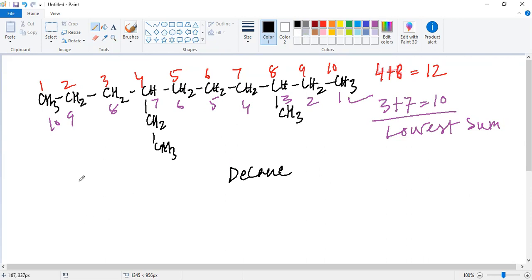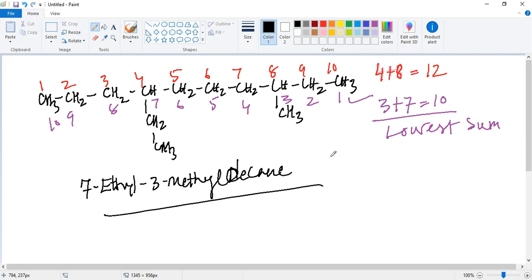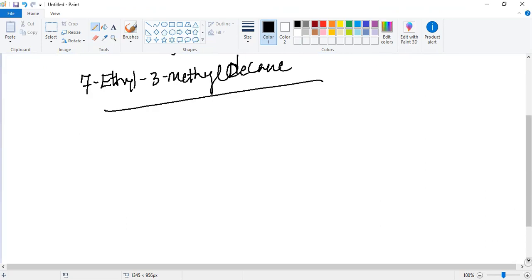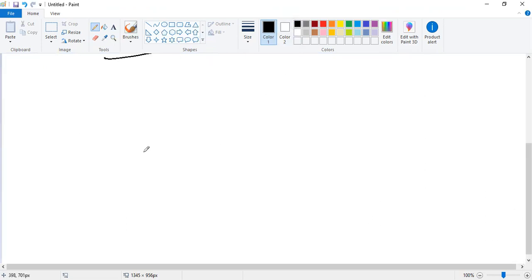According to the alphabetic order, we will write 7-ethyl, 3-methyl, decane. So this is how, my dear students, we can write the name of this particular compound. Now let us understand one very interesting case.